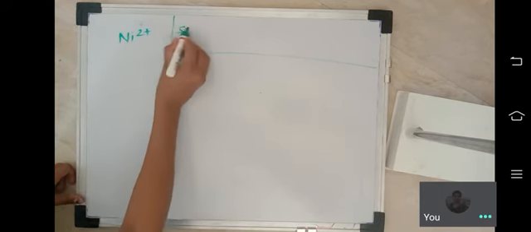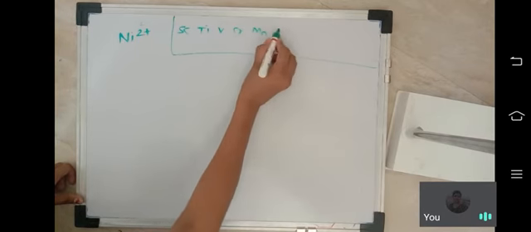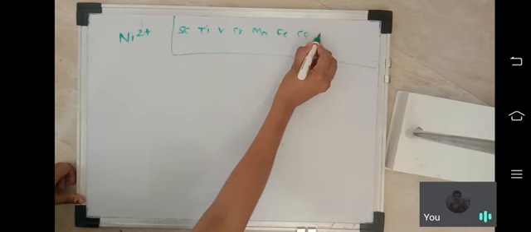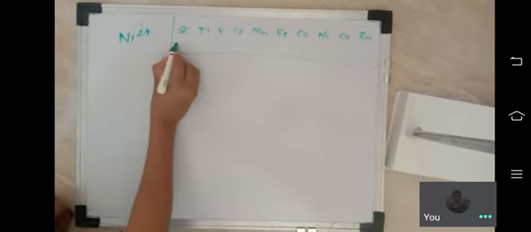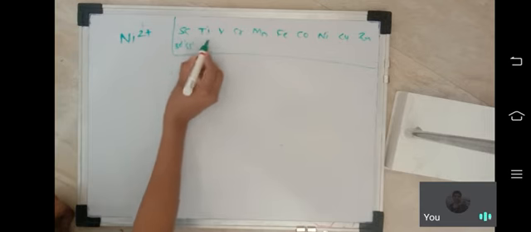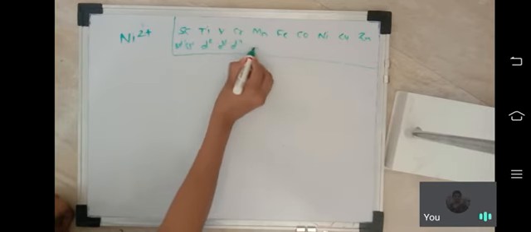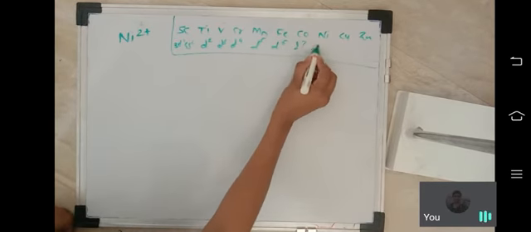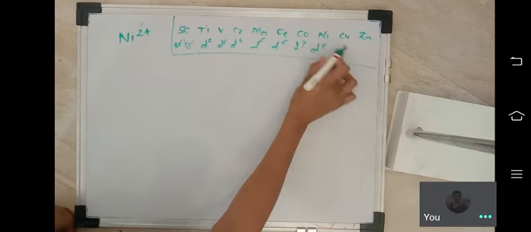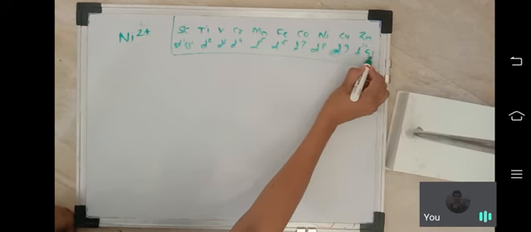Sc, Ti, V, Cr, Mn, Fe, Co, Ni, Cu and Zn. Okay. 3d1 4s2. That means d2, d3, d4, d5, d6, d7, d8, d9 and d10 for 4s2.